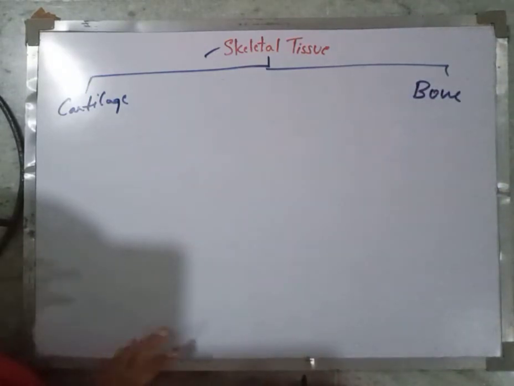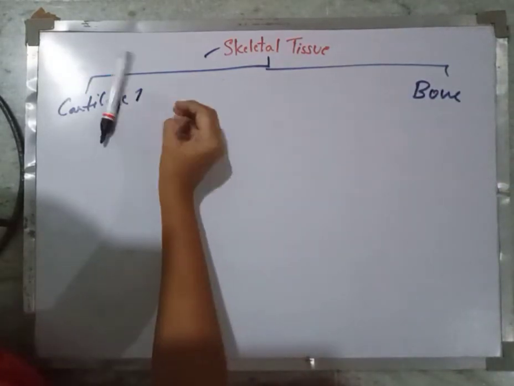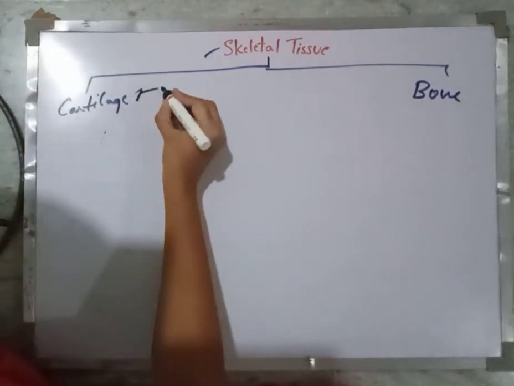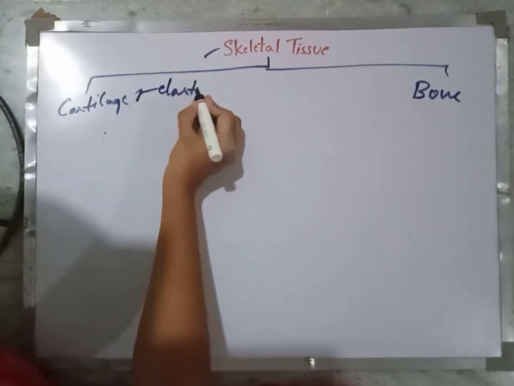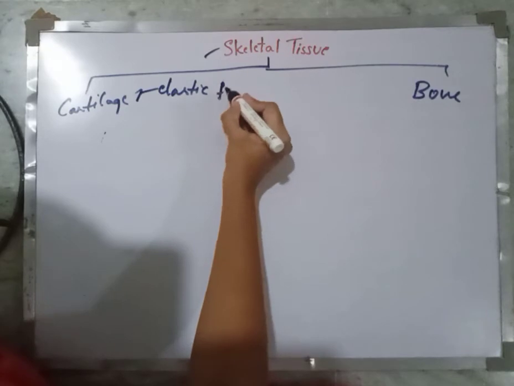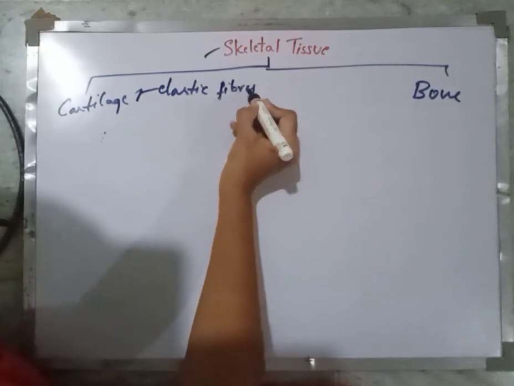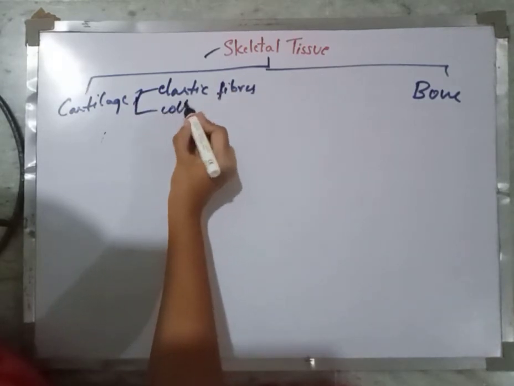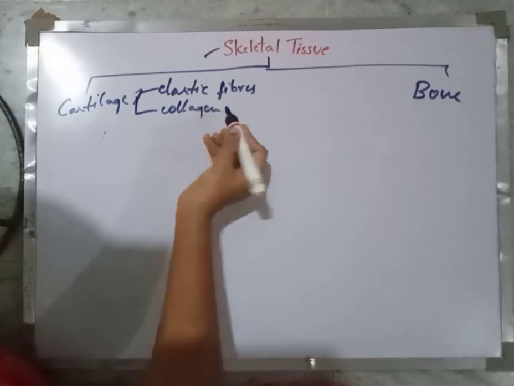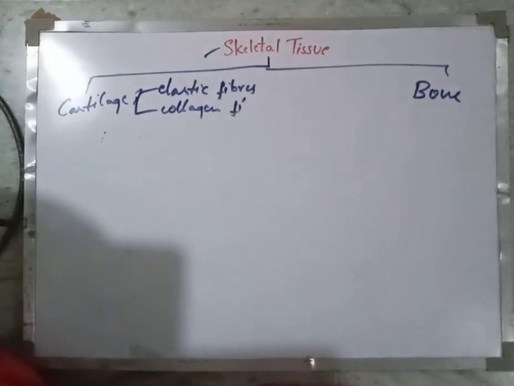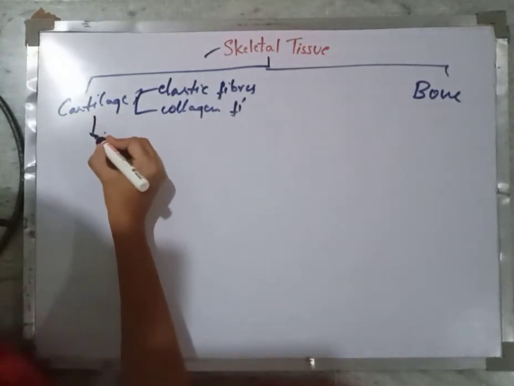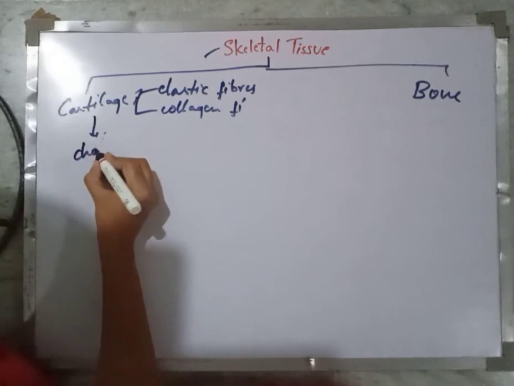So cartilage is a semi-solid substance. It contains elastic fibers and collagen fibers. So this is the composition of cartilage, and the cells of cartilage are called chondrocytes.